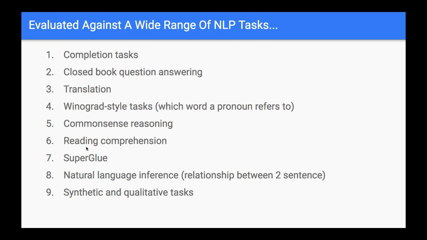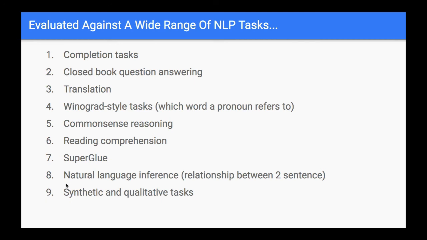Reading comprehension: give you an article, then ask the model a question. The model can access this article to understand what the answer is, so it's different from closed book question answering. And SuperGLUE is a super dataset to evaluate a model's understanding of language, especially in English.